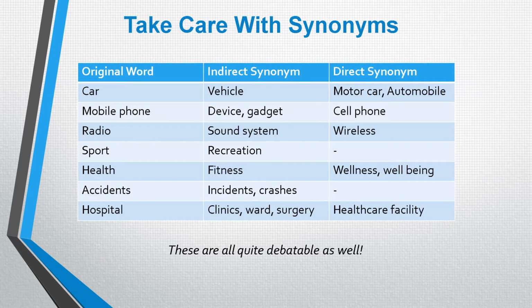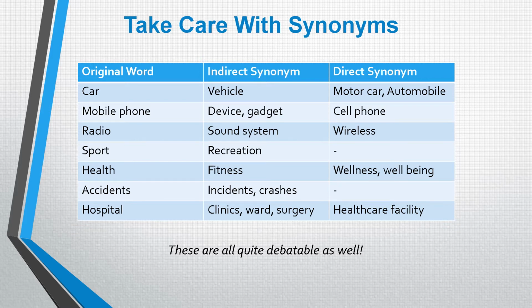On the left here, we have the original word, which might come from the opening statement. And in the central column, we've got an indirect synonym, which is a word that is similar but doesn't have the exact same meaning. So we have to be careful when we use indirect synonyms.